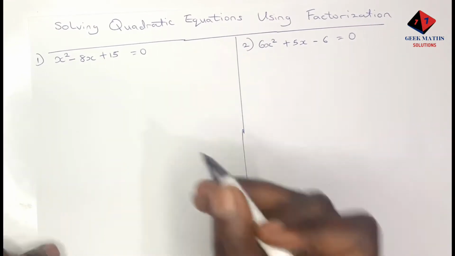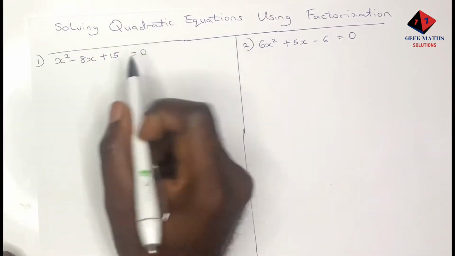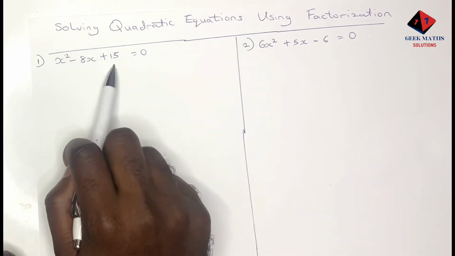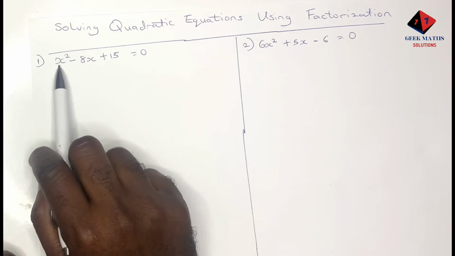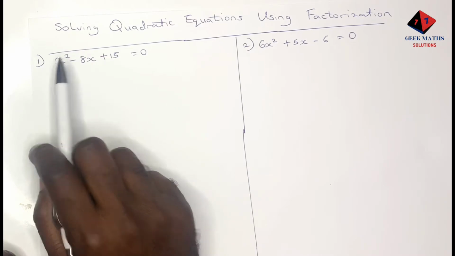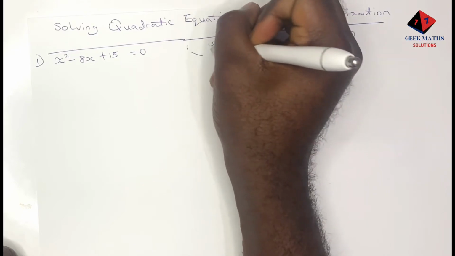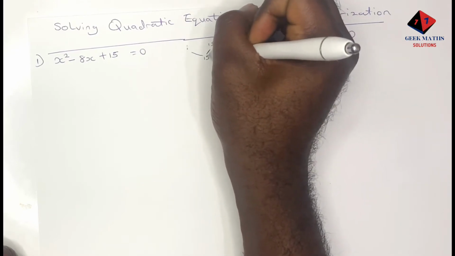First off, in factorizing this type of equation, we'll take the coefficient of x squared, which in this equation is 1. So 1 times 15 is 15.